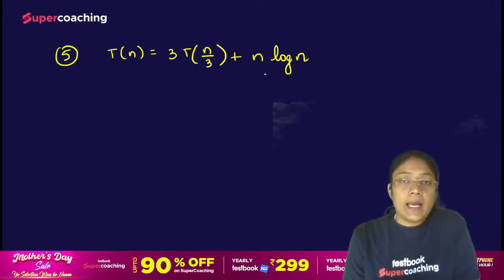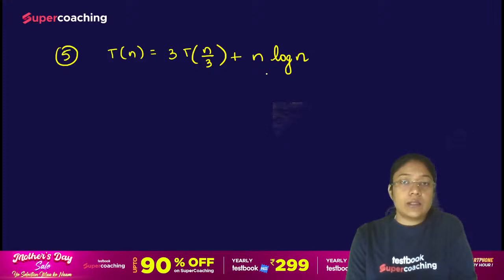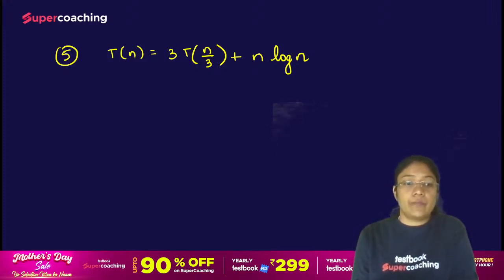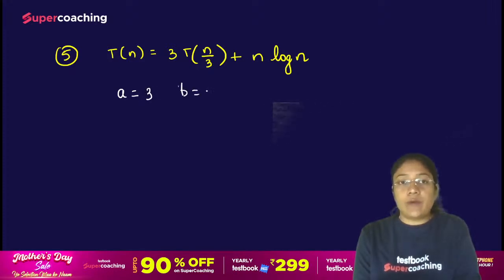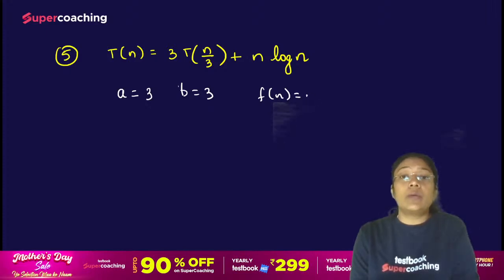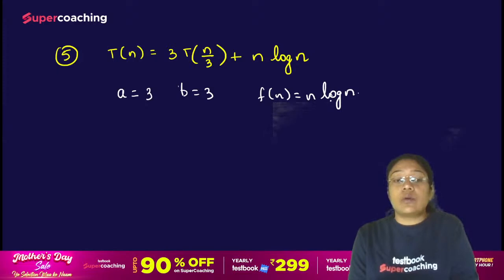Can I apply the basic master's theorem over this recurrence relation? Here if you observe the pattern, a is equal to 3, b is equal to 3, that's fine. But f of n is n log n. This is not a polynomial function, so I cannot apply basic master's theorem over it, right?